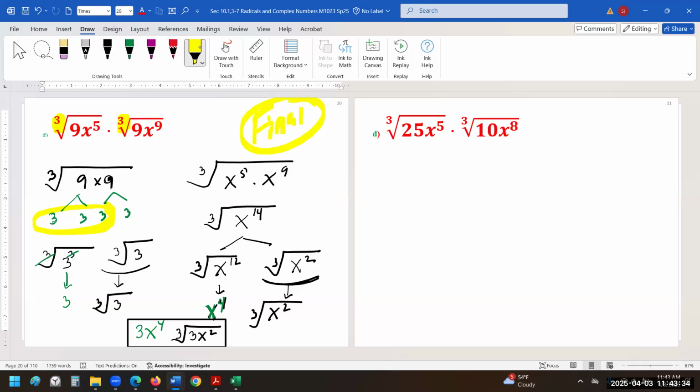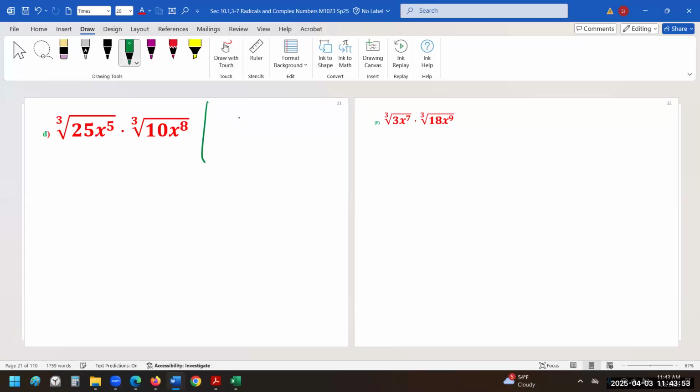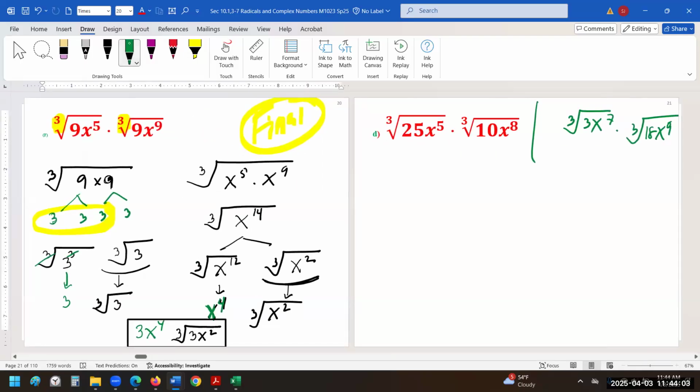Most of the time, they give cube root, most of the time. But we are going to practice with everything. Cube root, fourth root, square root. We have one more. Let me write it here. Cube root of 3x to the 7 times cube root of 18x to the 9. Okay, try these 2 questions.